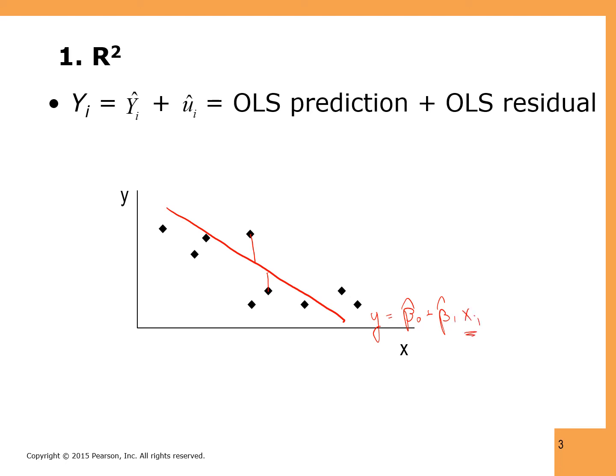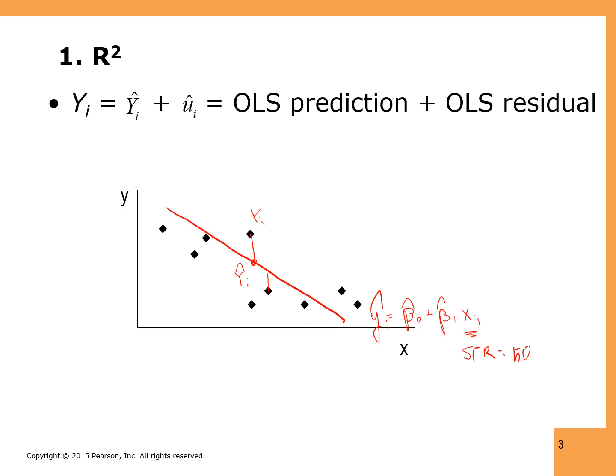Say in the 4th school district, your student-teacher ratio is 50, then you plug that in to the x, and then you can predict what the average test score is, and that would be this point.